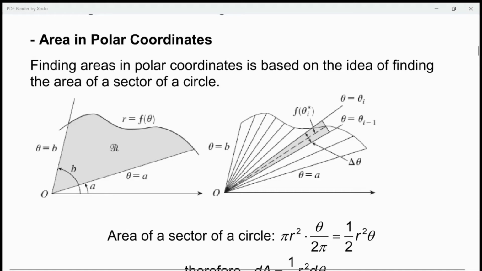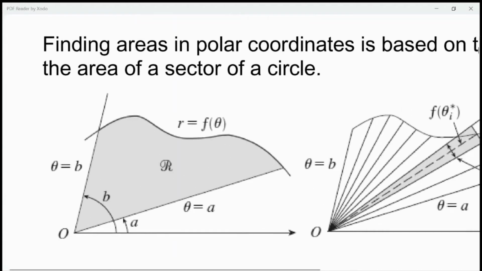As this polar curve, r equals f of theta, is created by rotating around the pole, the area created inside of that polar curve is measured from the polar curve back to the pole.